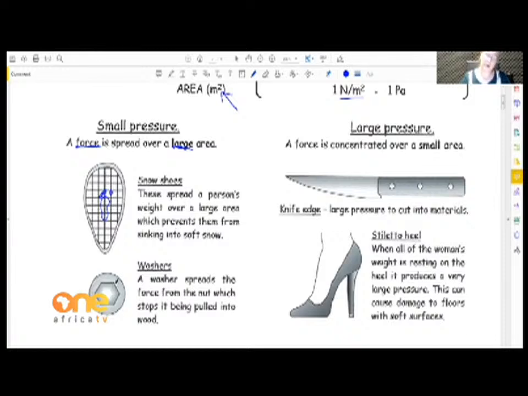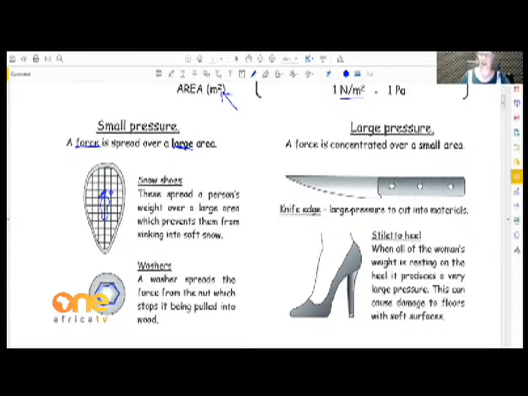Now, a washer around a nut, if you turn a nut into wood or something, spreads the force from the nut so that it doesn't push against the wood on these lines over here, so that you don't damage the wood. So that will keep a washer from pushing into the wood, so it spreads out the force over a bigger area.